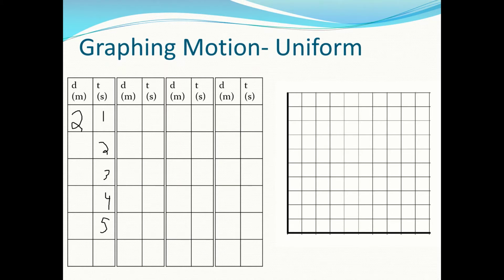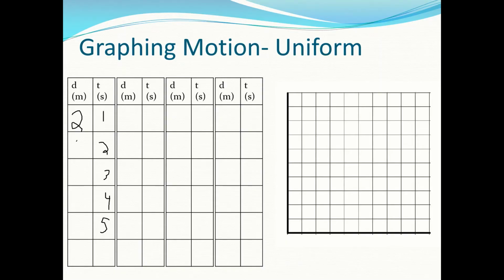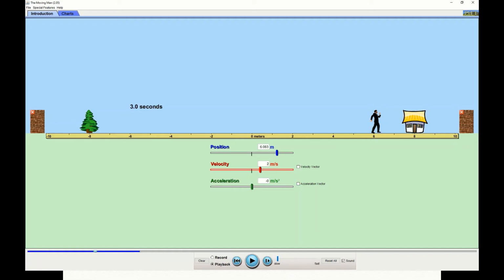So 2 meters at 1 second. At 2 seconds, it's at 4. At 3 seconds, we're at 6. And you'll start to see the idea behind this right away. The trend, 4 seconds, he's at 8 meters. And at 5 seconds, he's at 10 meters.